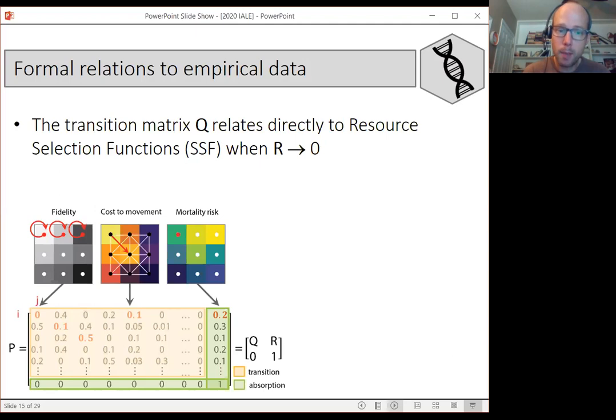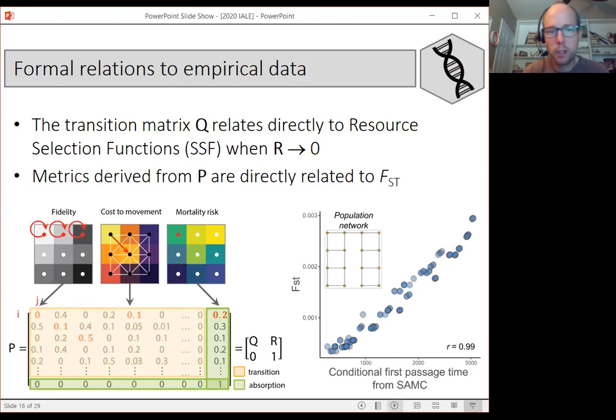And we can think about this in the sense that this Q matrix, which is a transient matrix of movement, these probabilities can be parameterized with a step selection function, particularly in the case when mortality risk per time step is low. We've also recently derived metrics from this framework that are directly related to population differentiation, and in particular FST.